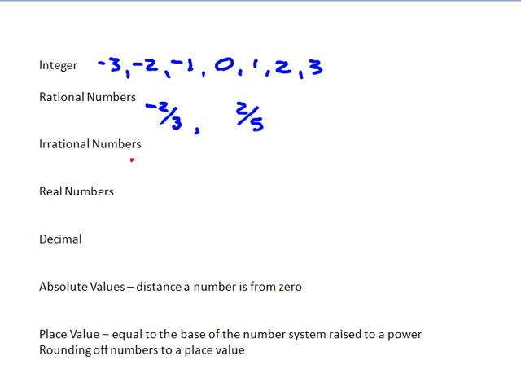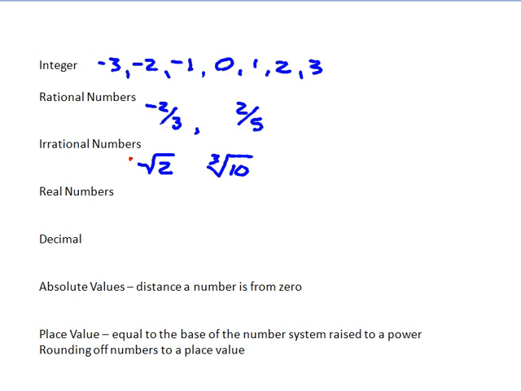An irrational number includes the radical sign, such as the square root of 2 or the square root of 5 or the third root of 10. Anything with the radical sign is an irrational number. Now, real numbers. What's a real number?